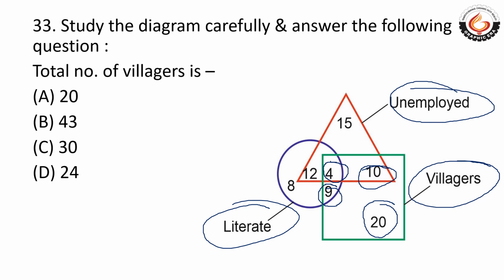All the numbers in this square figure of villagers are villagers, irrespective of the fact that few are unemployed villagers like this 10, few are unemployed literate villagers, few are literate villagers, and this 20 is just villagers. So the total would be option B, 43. Total number of villagers is 43.